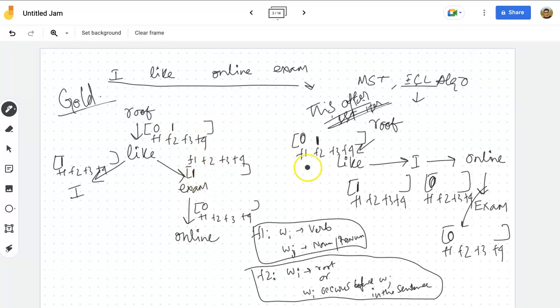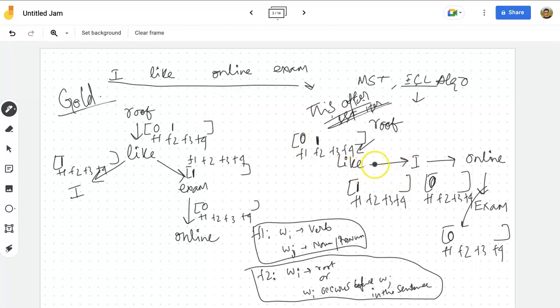Now for the other ones, like to I. Obviously wi is not a root, but let us check the second condition. Does wi occur before wj in the sentence? Basically, does like occur before I in the sentence? No, because like occurs after I. So it's not fulfilling.